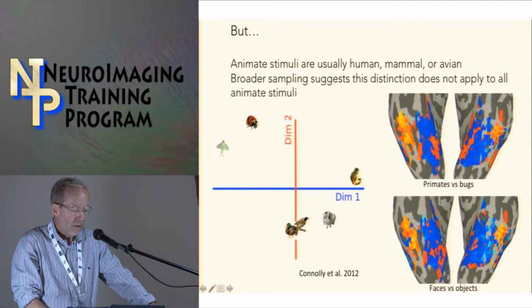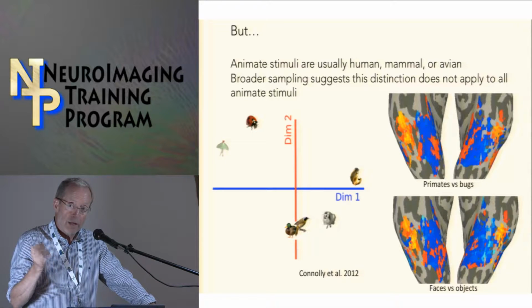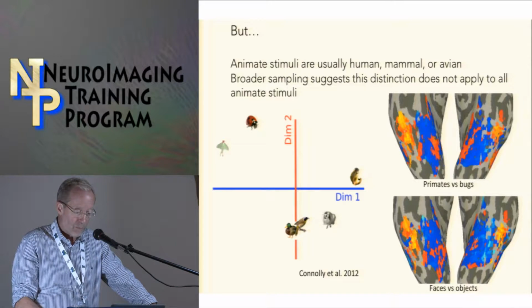So this topography, this univariate map, looks exactly the same as the topography of faces versus objects in the same subjects. So this difference between primates and bugs looks like animate versus inanimate, but nobody in his right mind would say that insects are inanimate. It's just that we think about bugs very differently from how we think about primates and mammals and even birds.